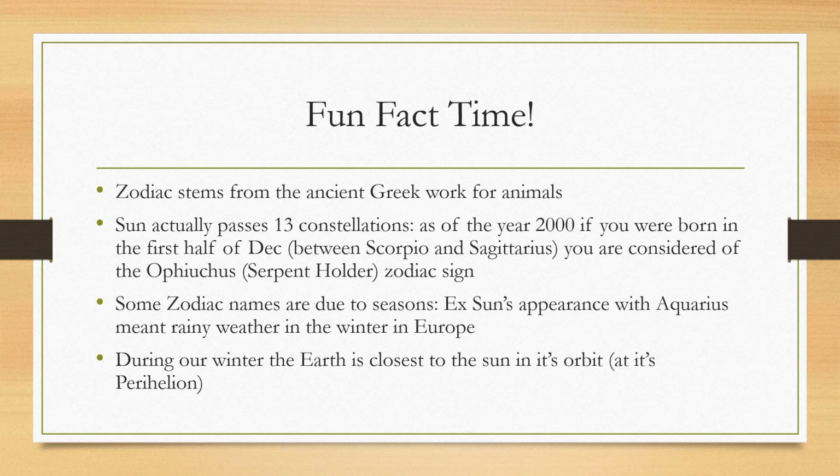Well, scientists think it was because ancient astronomers weren't too sure about the sun's path, and there was some vagueness on constellation boundaries. Some zodiac names are actually due to seasons. Example, the sun's appearance with Aquarius meant rainy weather in the winter of Europe, which it is. During our winter, the Earth is closest to the sun in its orbit, at its perihelion.